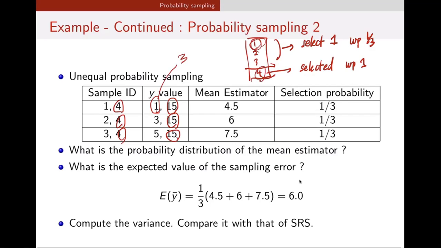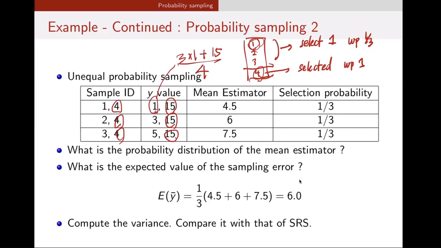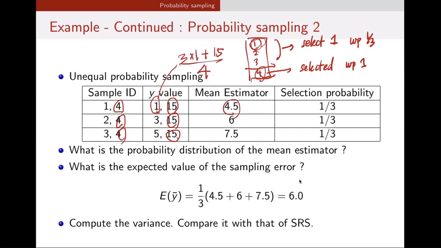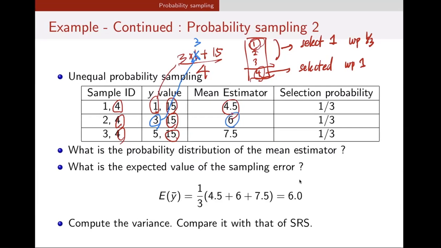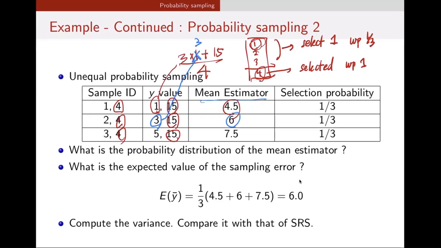So then the average is 3 times 1 plus 15, divided by 4, which is 4.5. So here you can get this one. So that's the mean estimator, given the selection probability.